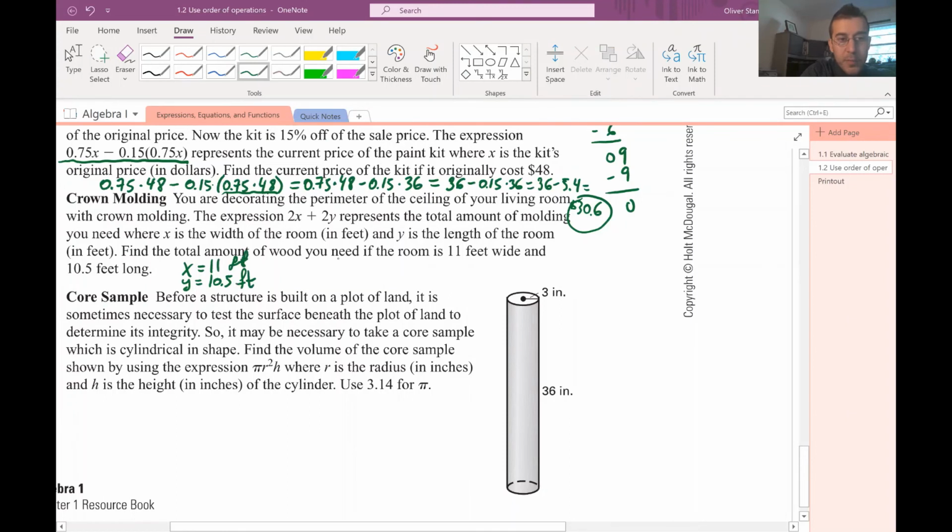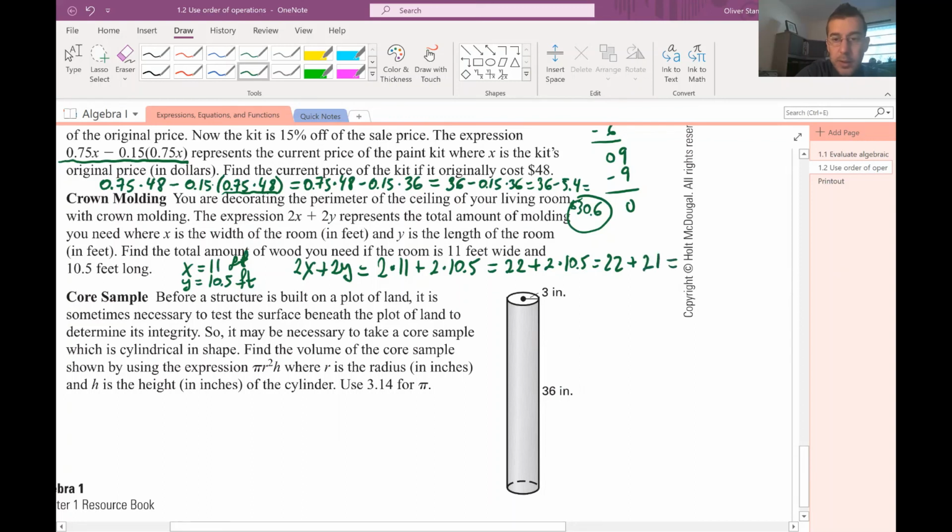All right, so the expression is 2x plus 2y. X is 11, so 2 times 11 plus 2 times y, which is 10.5. So now we do multiplication first, so it's 22 plus 2 times 10.5, which is 21.